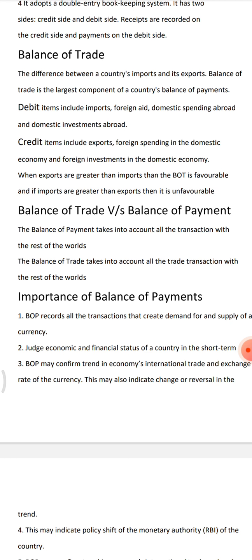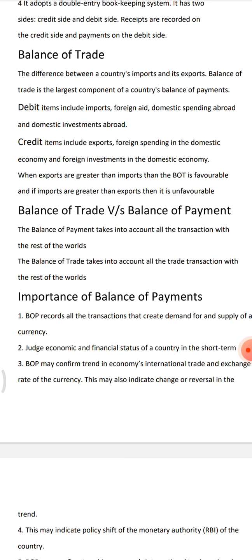But in balance of trade, we see the import and export of only visible goods; no invisible goods are counted. This was the basic difference between balance of payments and balance of trade.